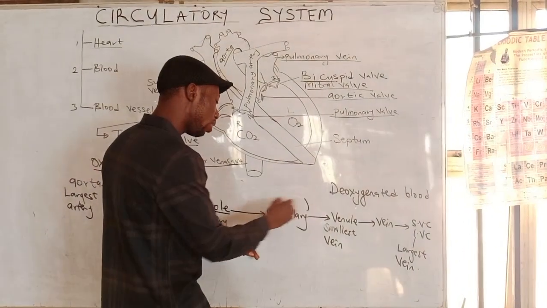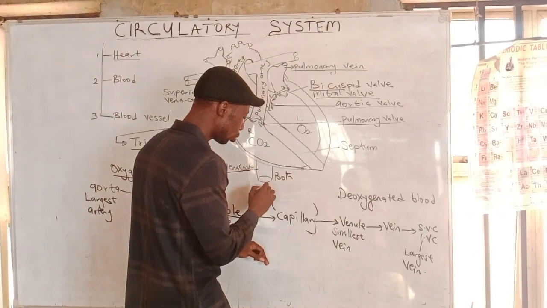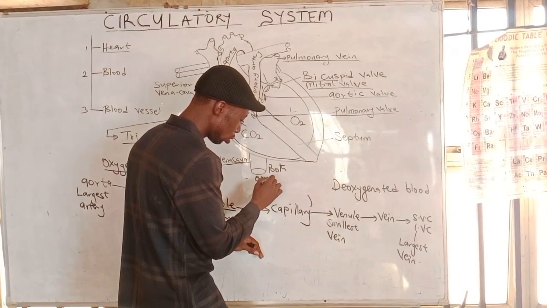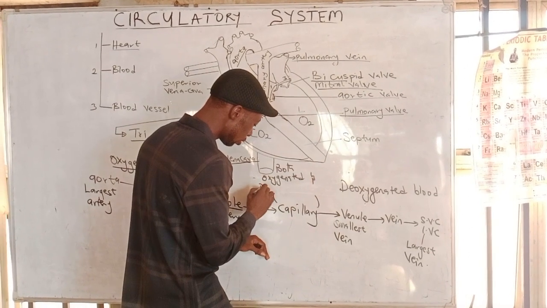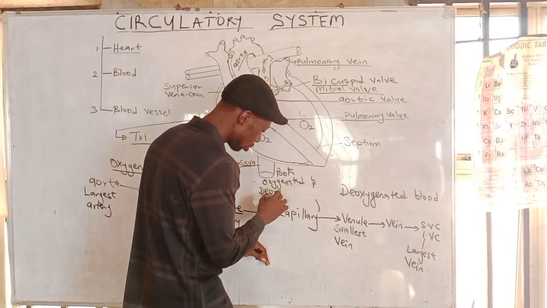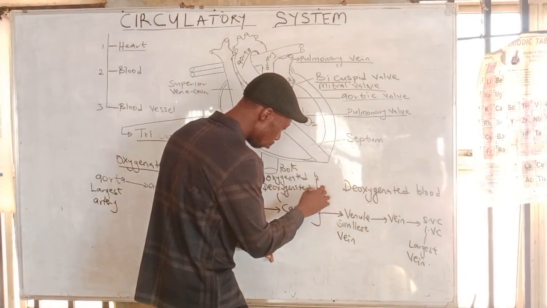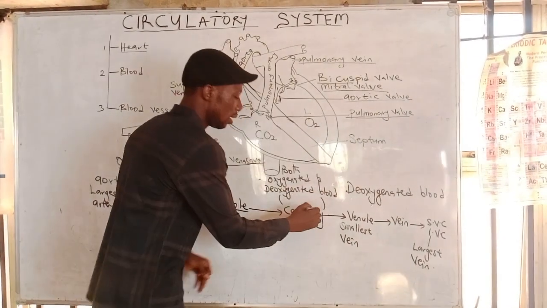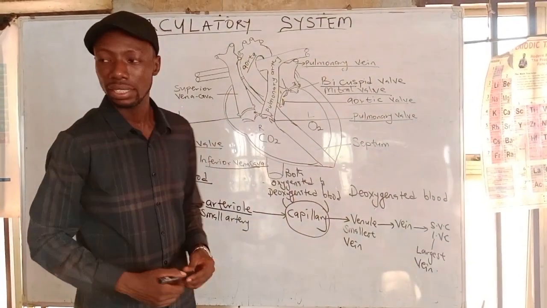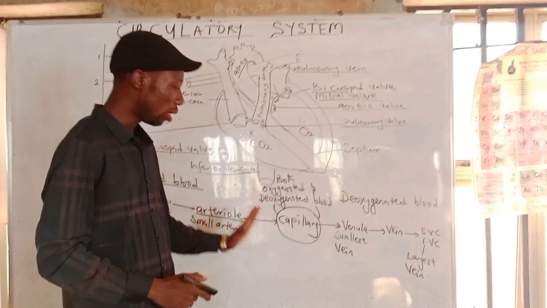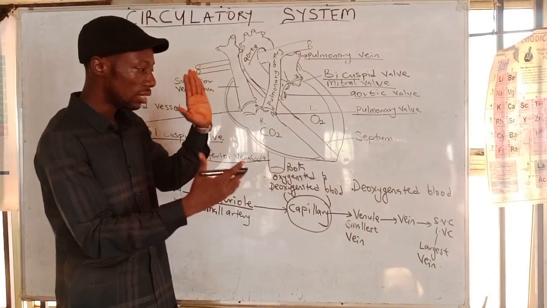Then here in the capillary, we have both oxygenated and deoxygenated blood. In the capillaries, we have the mixture of oxygenated blood and deoxygenated blood. Venules, veins, as well as vena cava are filled with deoxygenated blood.